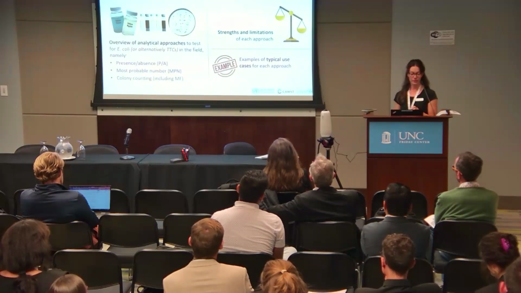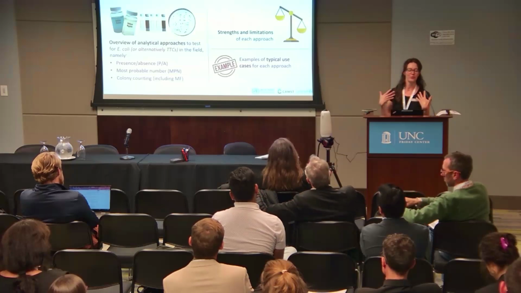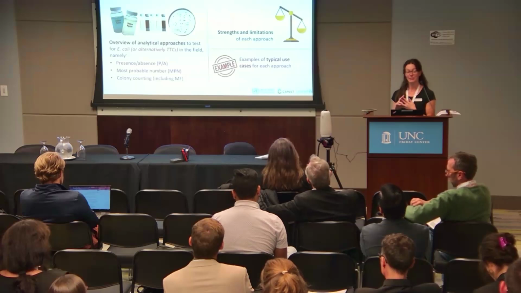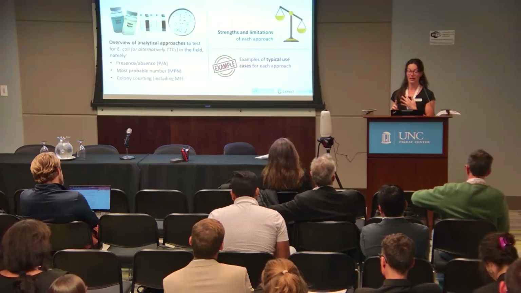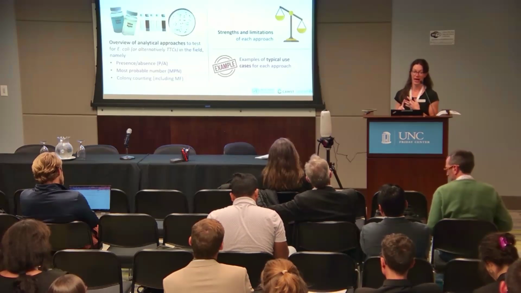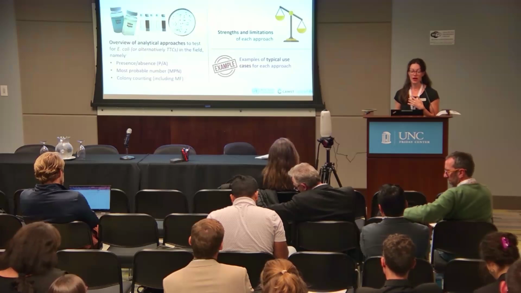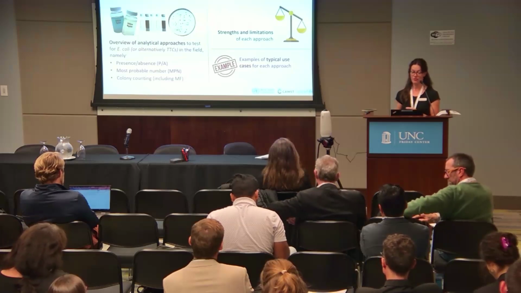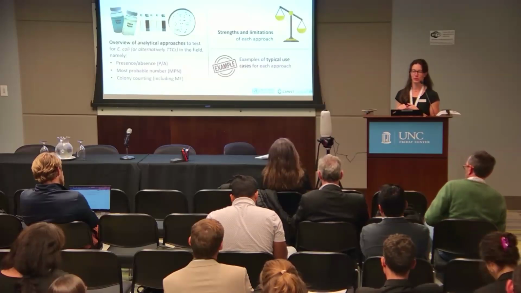So as far as chapter 4, we give an overview of what we call the big 3: presence absence testing, most probable number testing, and colony counting, which includes membrane filtration and some of the gel-based methods that Rick mentioned. We give strengths and limitations of each method, as well as some typical use cases for each approach.